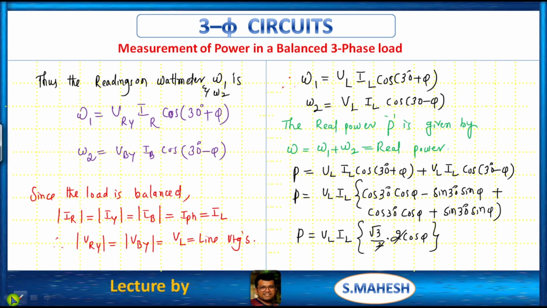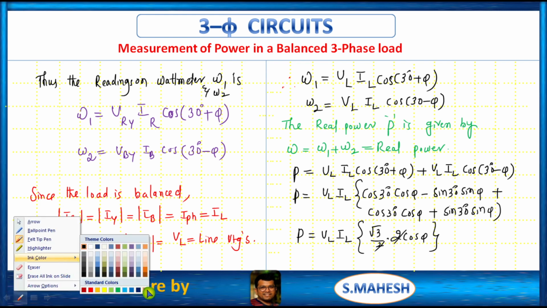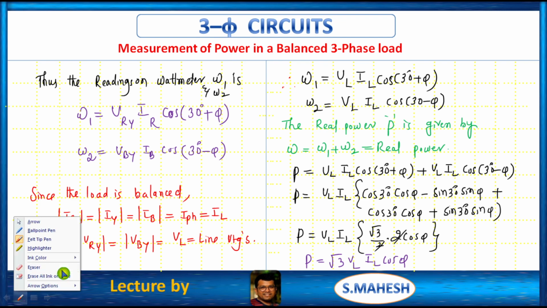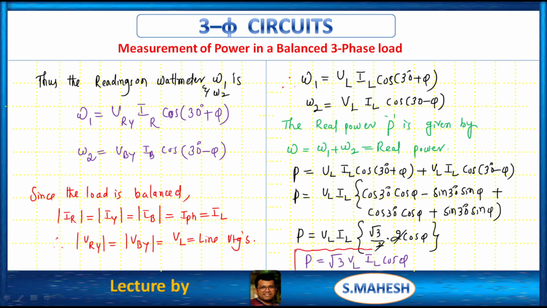We have P equal to root 3 VL IL cos 5. See, finally we have root 3 VL IL cos 5. This is active power.